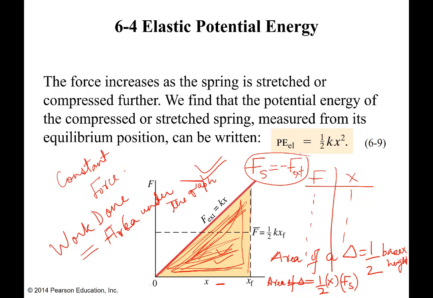So therefore your external force, this was minus, so that becomes 1 by 2 x times kx, because that's what the external force is equivalent to. Minus times minus of Fs will give plus kx. So overall, the area comes out to be 1 by 2 kx square. And this is the work done by the spring.